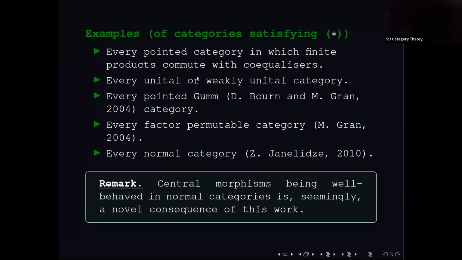Well, we have every unital or every weakly unital category as an example. So every pointed Gumm category in the sense of Dominique Bourn and Marino Gran, every normal category in the sense of Zurab Janelidze, and again, every pointed factor commutable category. And so there are many categorical examples of this condition.